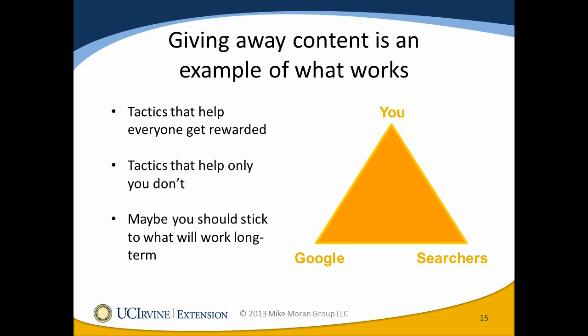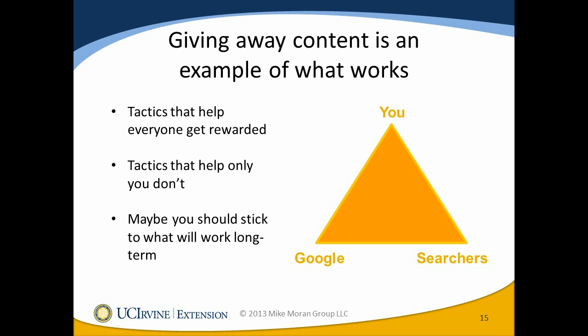And what I want you to focus on is that whenever you're thinking about something to do in search marketing, the way to tell whether it's an optimization trick or a real connection is whether this tactic helps all three parties in a search transaction.